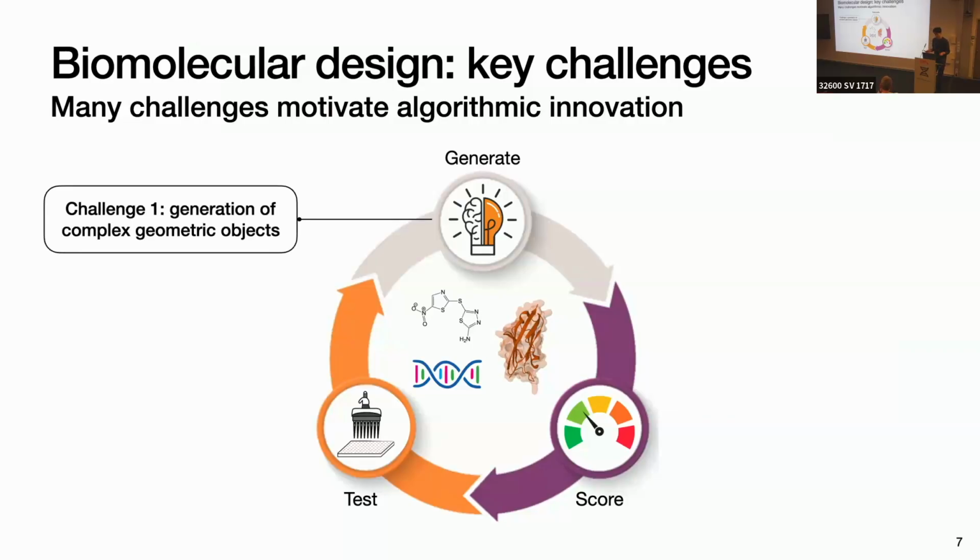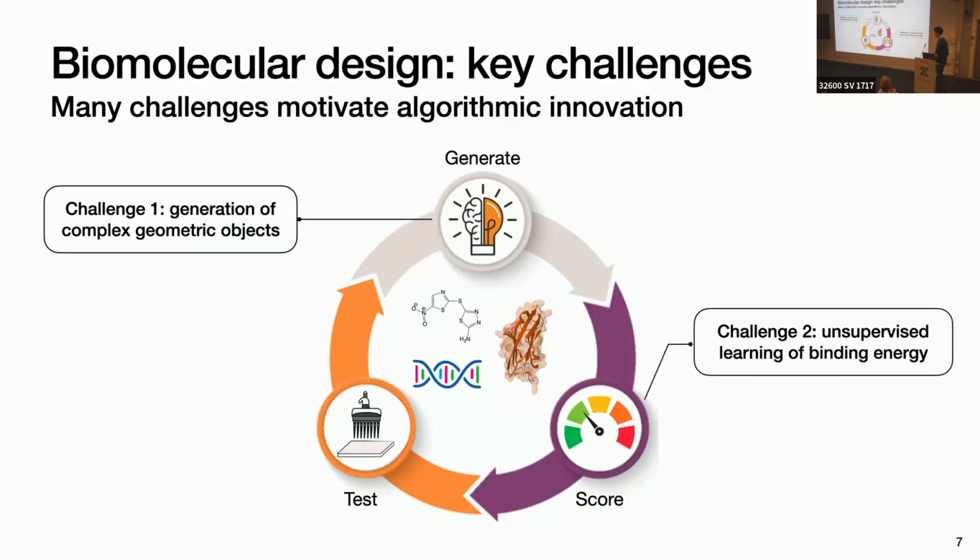We'll talk about the challenge of generating complex geometric objects in the context of small molecules. In the second part of my talk today, we'll talk about how to learn a binding or energy-based model to quantify binding energy in an unsupervised way.